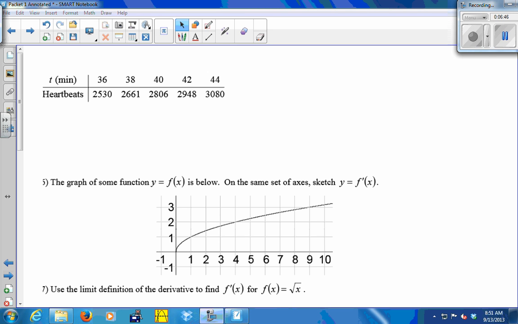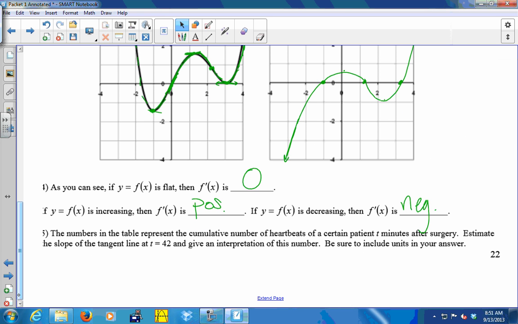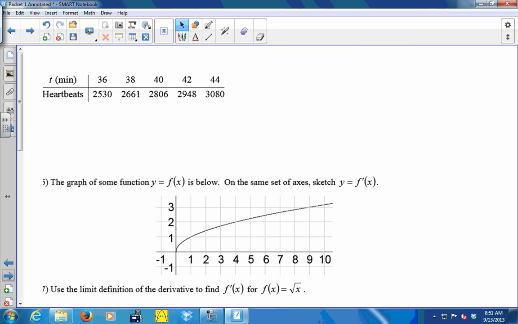So it seems that there are going to be 3 reasonable approaches to estimating the slope of the tangent line at 42. That's how they express that question, right? Estimate the slope of the tangent line at t equals 42. We can't get the exact slope because this isn't a smooth continuous function, right?